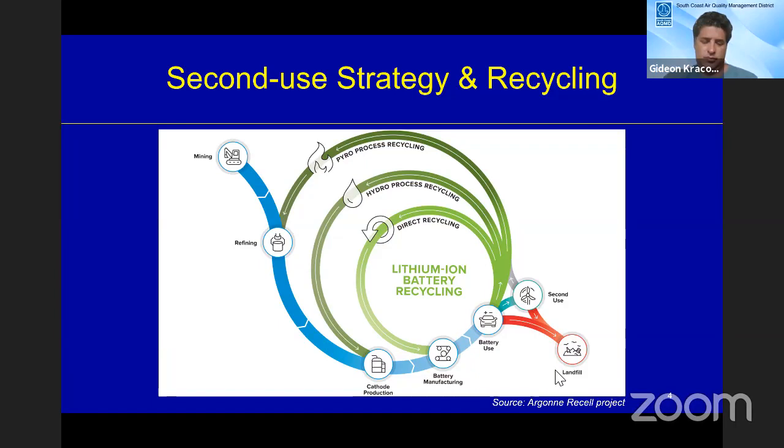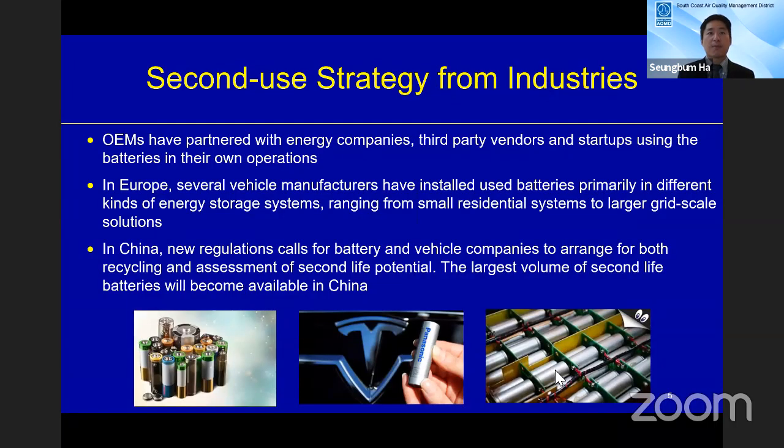Generally, the reuse process is simpler. For example, taking more than 6,000 cells from one Tesla car battery pack and repackaging 3,000 cells for residential energy storage, or taking 12,000 cells for commercial building energy storage applications. Recycling is a more complicated process.